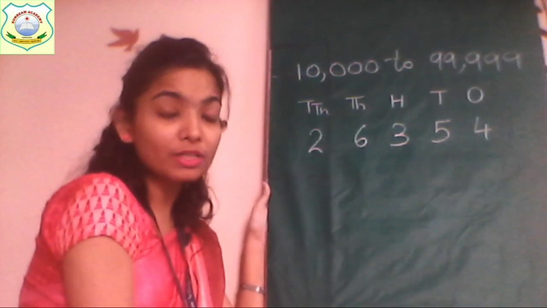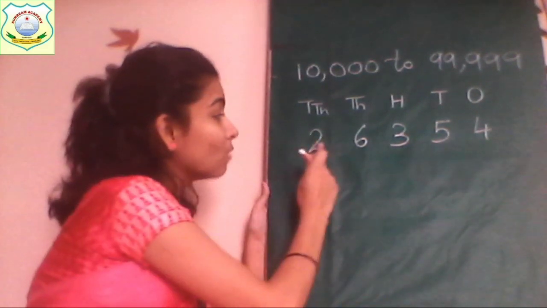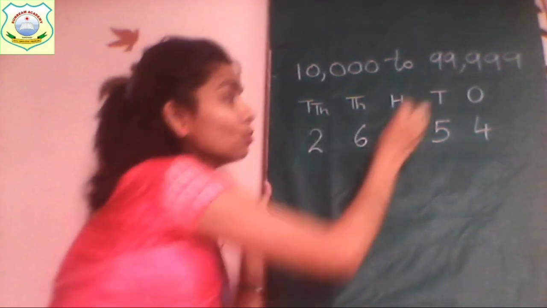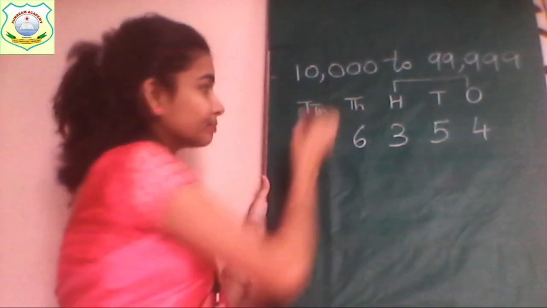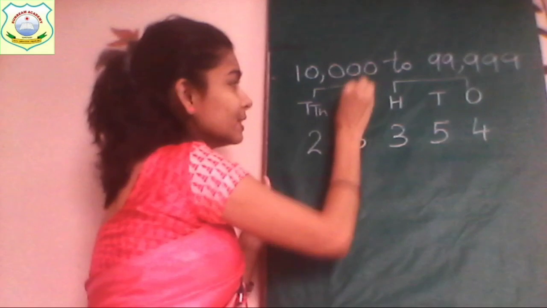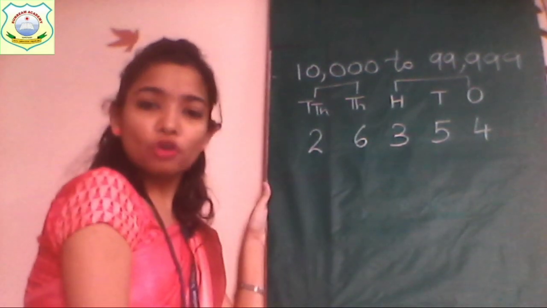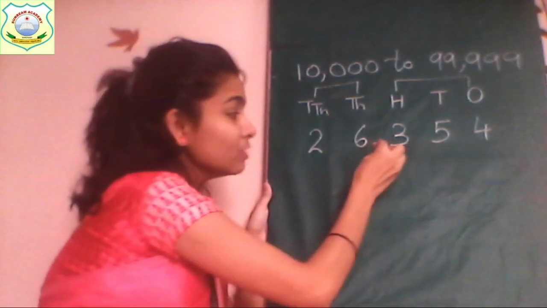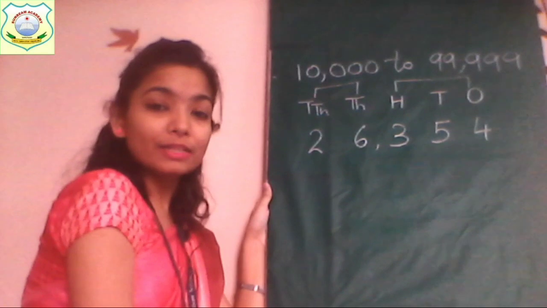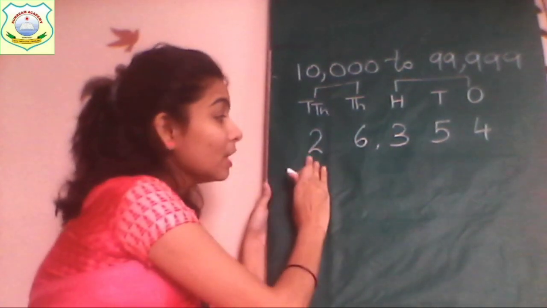First you have to learn how to read it. कैसे पढ़ेंगे तभी तो आप लिख पाओगे. Now you all know that 1s, 10s, 100 come in the same family and 1,000, 10,000 come in the same family, right? So where do we put the comma? When 1s, 10s, 100 come in one's family, we put the comma in between 100 and 1,000, right?